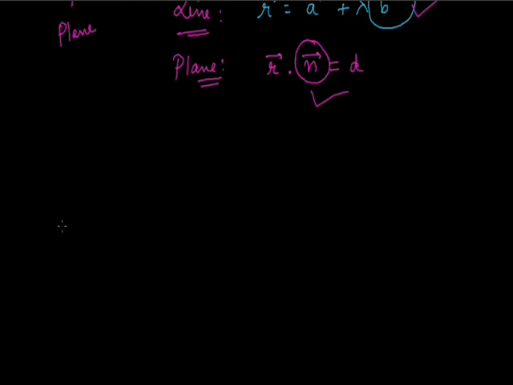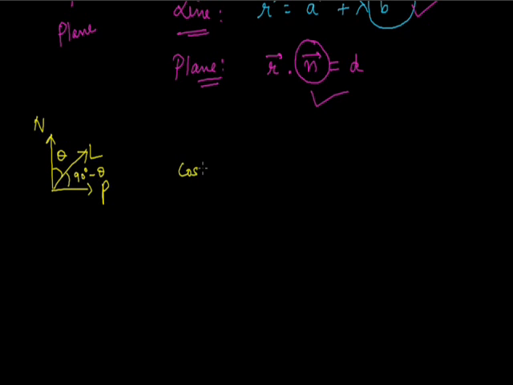So now we are with b vector and n vector. If we want to find the angle theta, this was the normal, this is the line, and this is the plane. This is theta and this is 90 degrees minus theta.